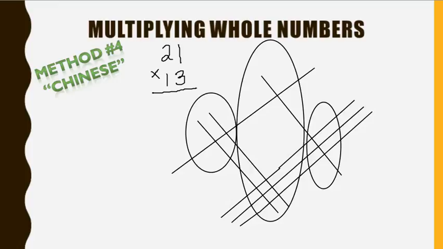So let me try to use a color that you can see real good. So here we have 1, 2, 1, 2, 3, 4, 5, 6, 7. 1, 2, 3. And so that is our answer. 2, 7, 3. Your answer would be 273.